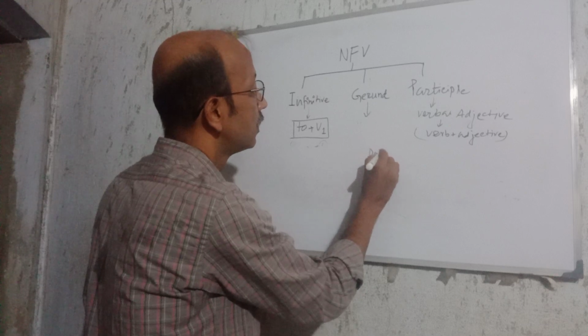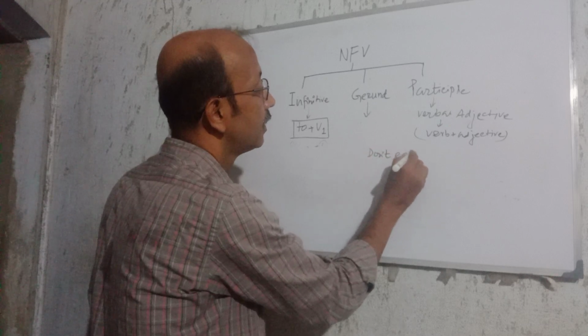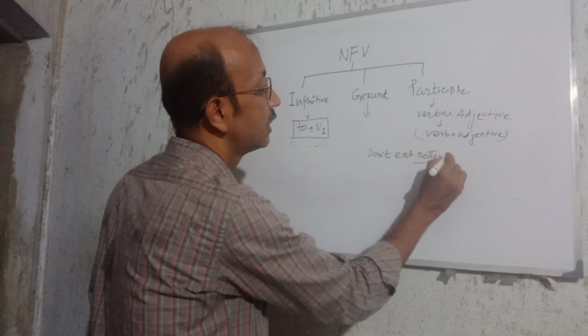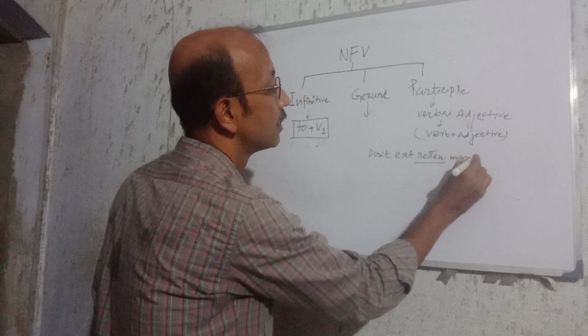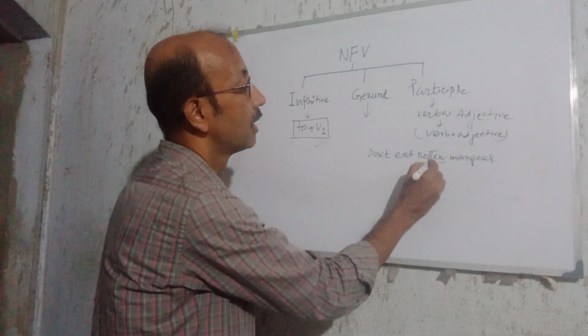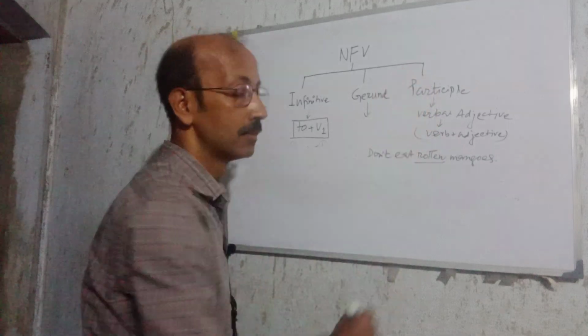Examples of participles are: number one, don't eat rotten mangoes. This rotten is an example of participle.